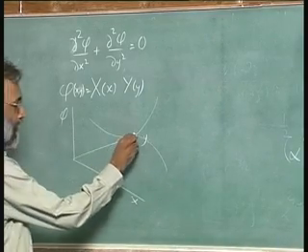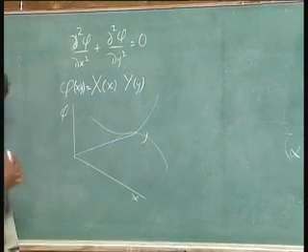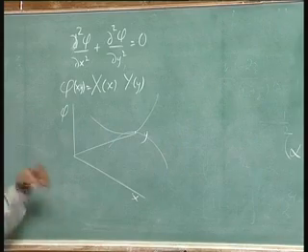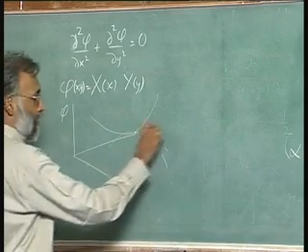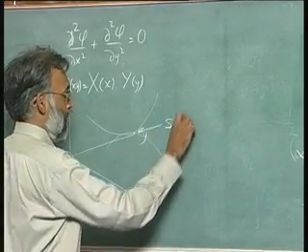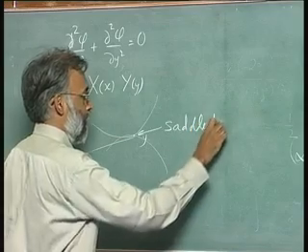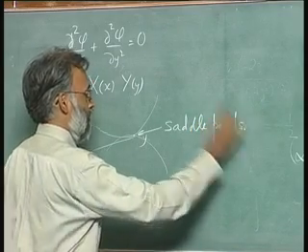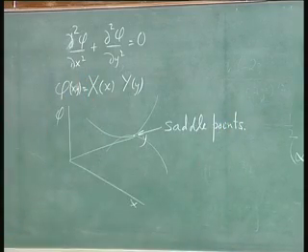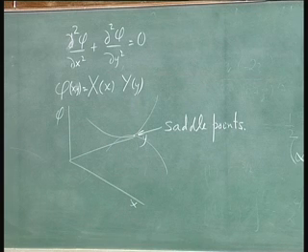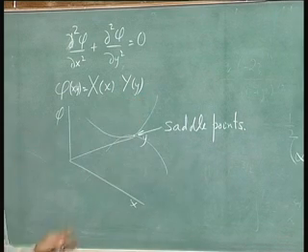So, at this point there are two very different behaviors in x and y. Such points are called saddle points, and Laplace's equation defines a function which is a saddle point at every point where it is defined. So, every point for phi is a saddle point.